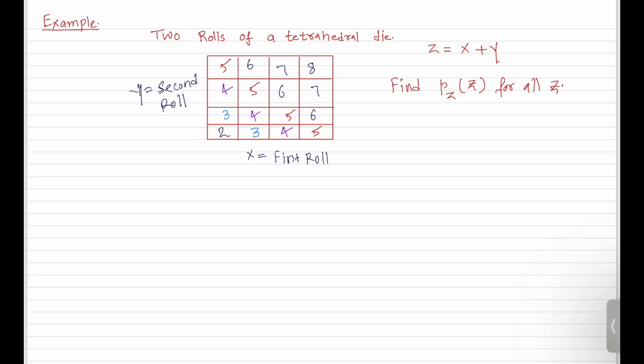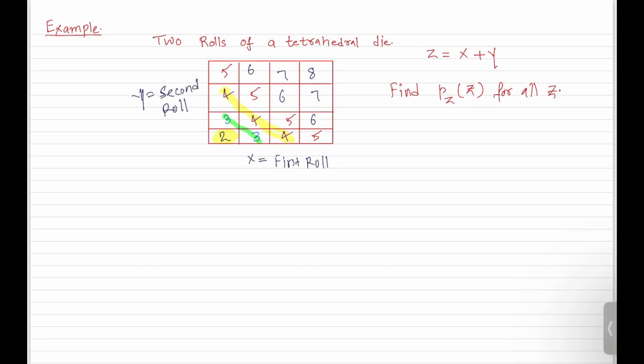So let's find the probability mass function of this random variable z. We will be finding the probabilities of the values that random variable z can take.